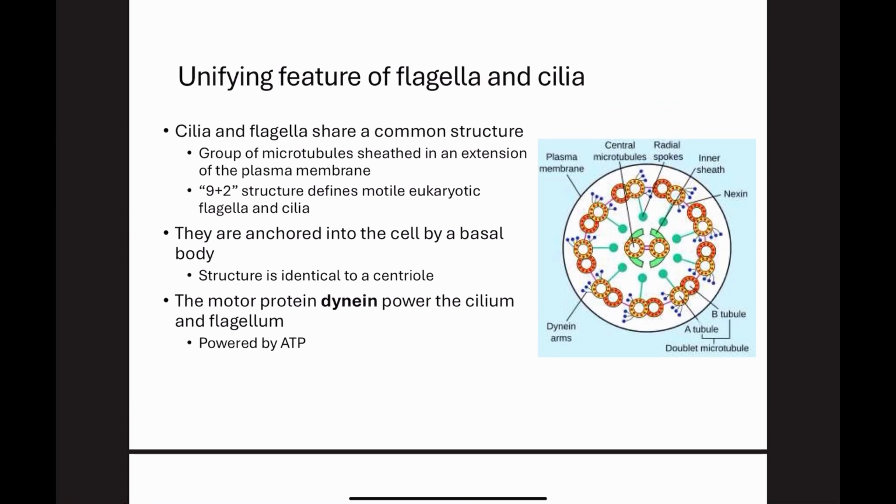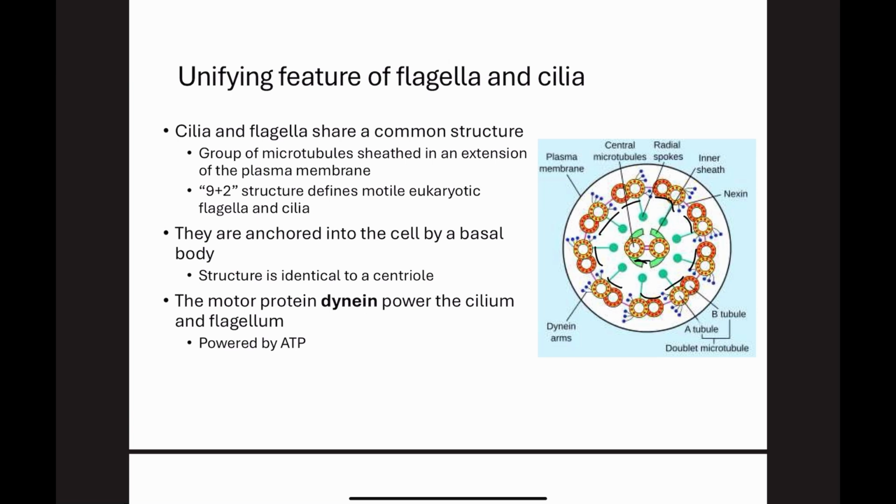And their microtubules follow this 9+2 pattern because they're going to have 2 central microtubules, and then they're going to have 9 radial spokes. 1, 2, 3, 4, 5, 6, 7, 8, and 9. And this 9+2 pattern is found in nearly all of the eukaryotic flagella and motile cilia.